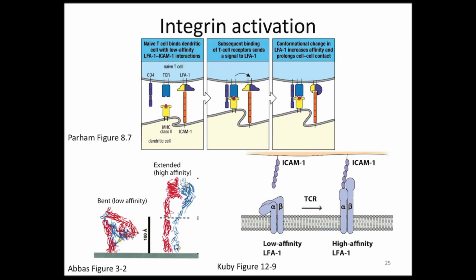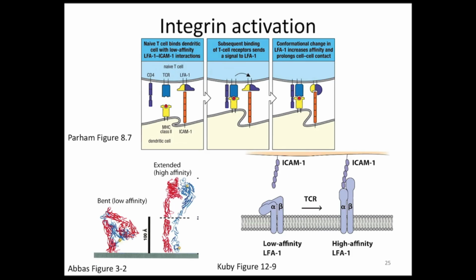When the cell gets a signal through a chemokine receptor, the integrin goes into an extended conformation. You can see an example of it here from one textbook, and an example from another textbook as well. Your textbook shows it in a weird way. It looks floppy and then makes a new shape. That's not real.